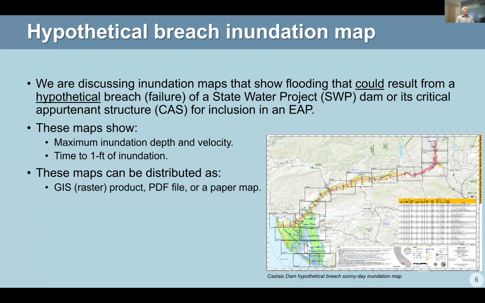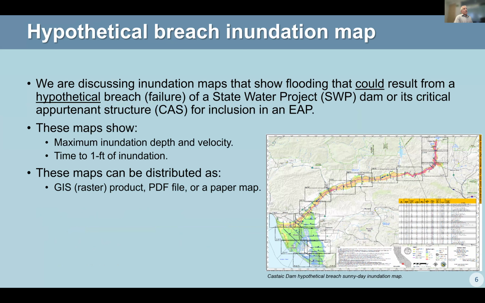So the maps that we're going to talk about today are what we call hypothetical breach inundation maps. These maps describe the flooding area that could result from a hypothetical breach of a State Water Project dam or its critical appurtenant structure, which I'll tell you what that means in a minute.